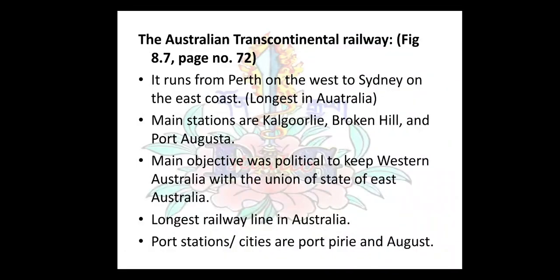Next is the Australian Transcontinental Railway Line. This particular railway line runs from Perth on the west to Sydney on the east coast, and this is the longest railway line in Australia, or we can say in Oceania.